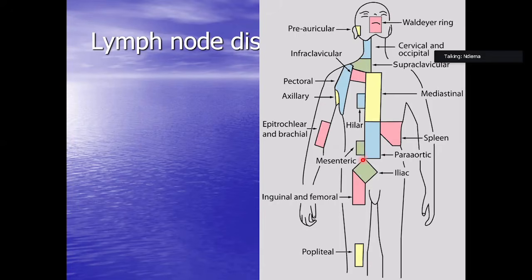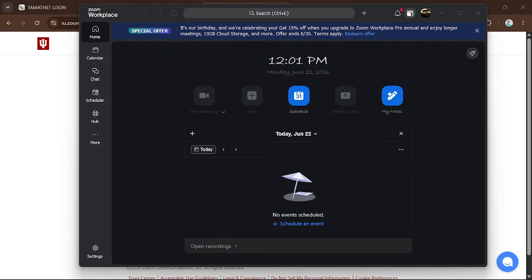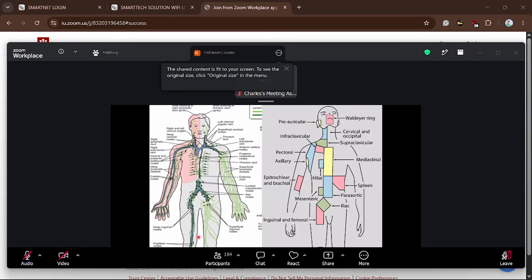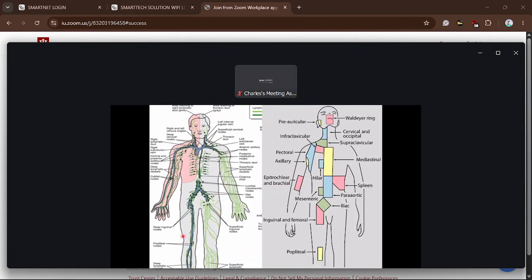Lymph nodes. Remember that we have the popliteal region just behind your knee joint, and then swelling.